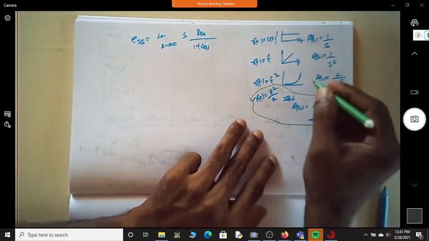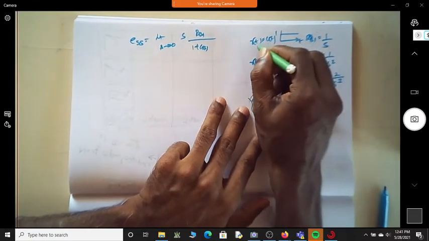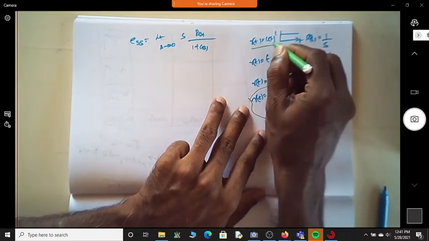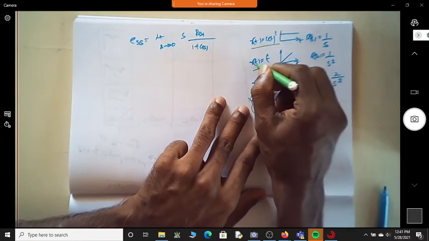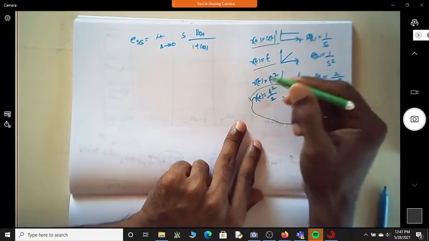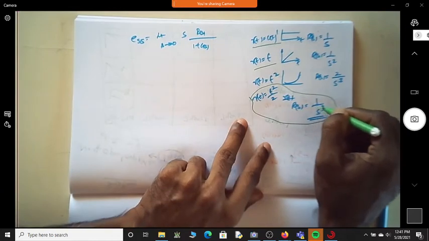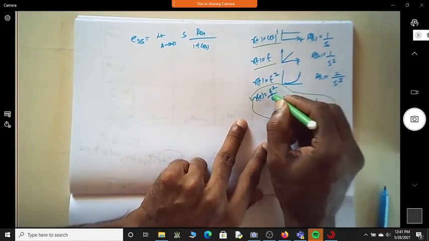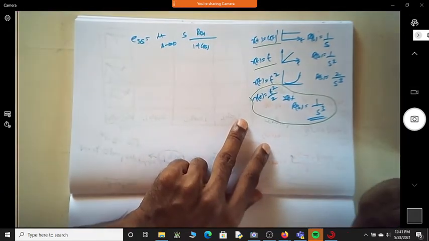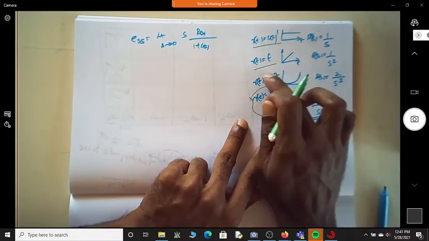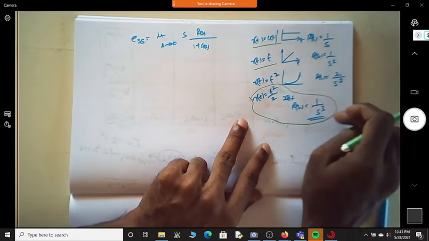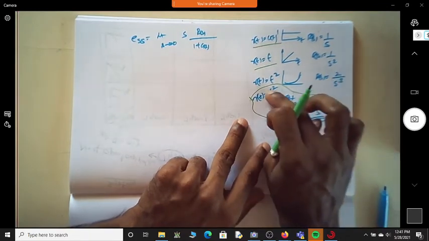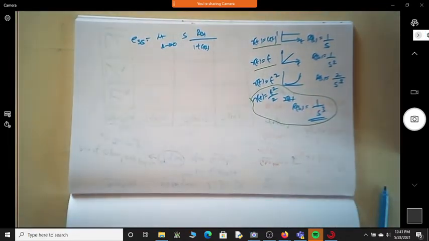So we are taking the standard inputs as step input with u(t), unit step input, and a ramp which is r(t) equal to t. And for the parabola, just for making it 1 over s cube, we are taking it as t square by 2. If you take t square, it will be 2 by s cube. So to make sure that it is 1 over s cube, let us take t square by 2 as r(t).